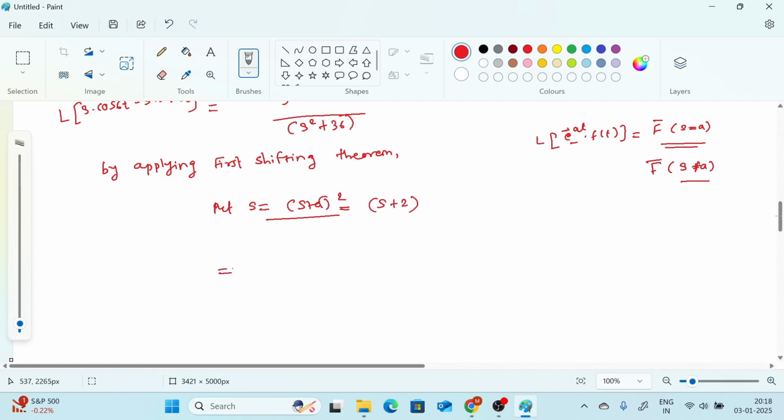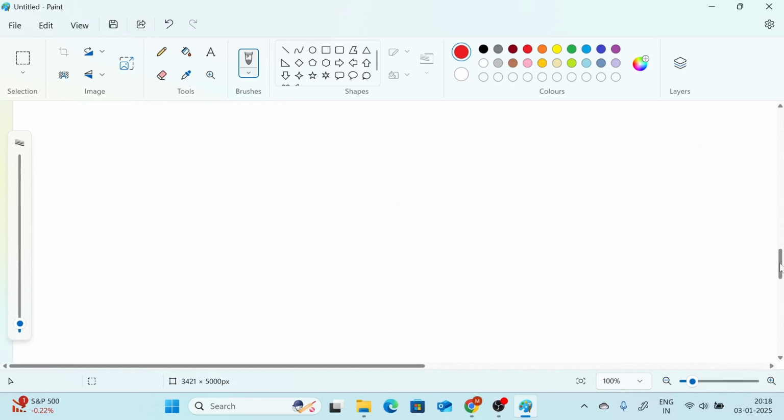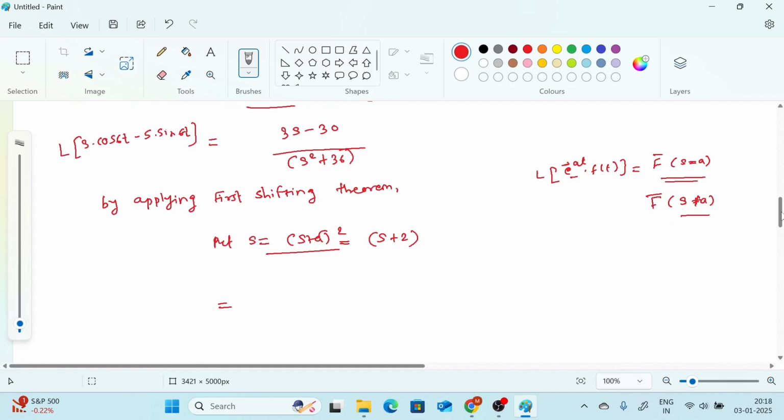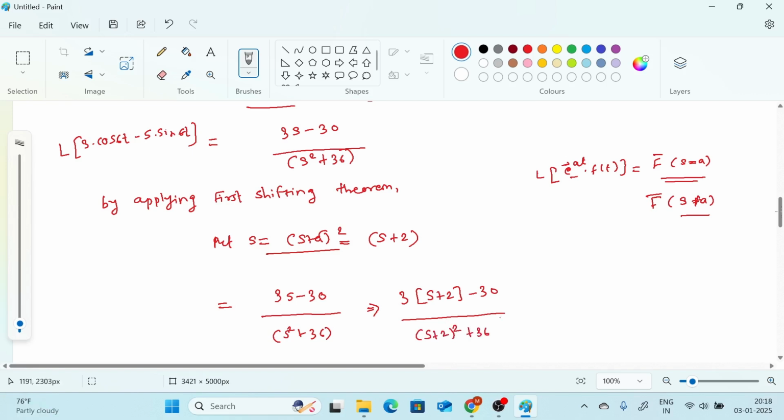So what equation do we have? 3s minus 30 upon s square plus 36. For the simplification, 3 into s plus 2 minus 30 upon s plus 2 whole square plus 36.